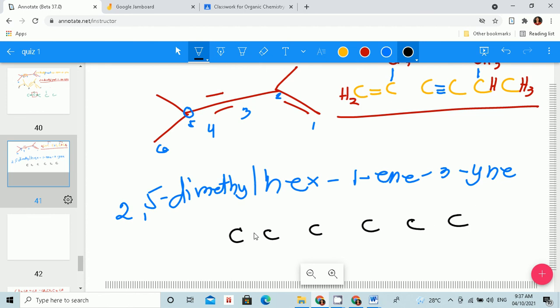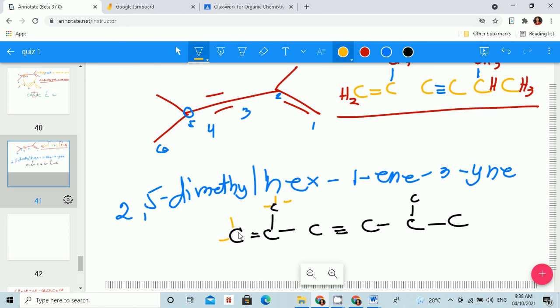So we have a double bond here, and then we have a triple bond, and then we have a methyl, and now here a methyl again, then double, then single bond, single bond. Okay, this one has C also.